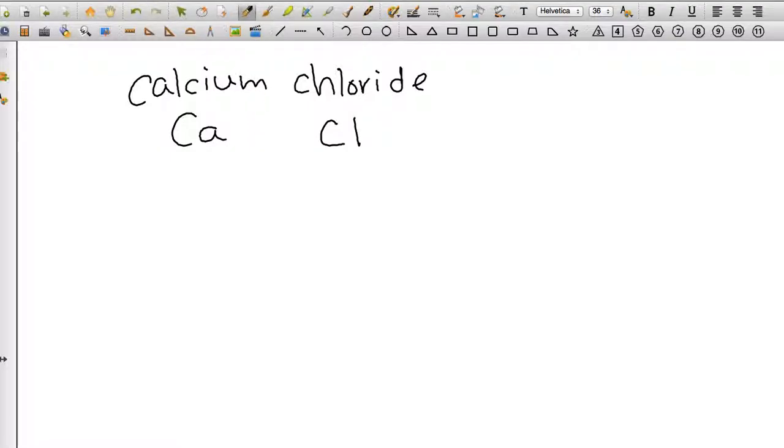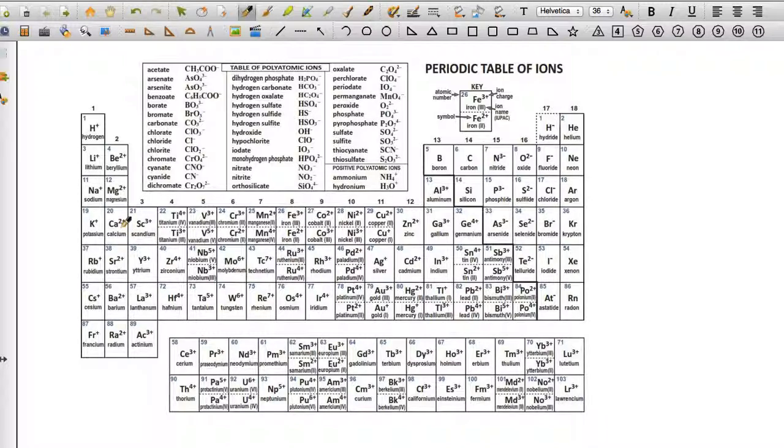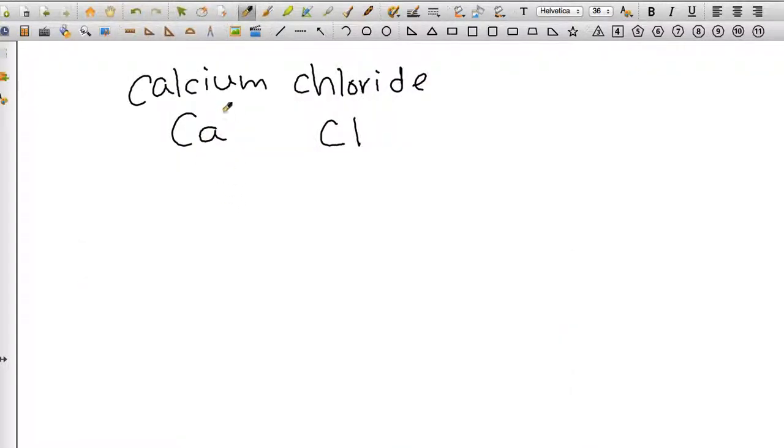So we're going to go back to the slide before and notice that calcium has a 2 positive charge, and chlorine being a halogen has a negative 1. If calcium has 2 electrons to get rid of and chlorine can only take 1, it takes 2 chlorine to take care of those charges that are being given away.